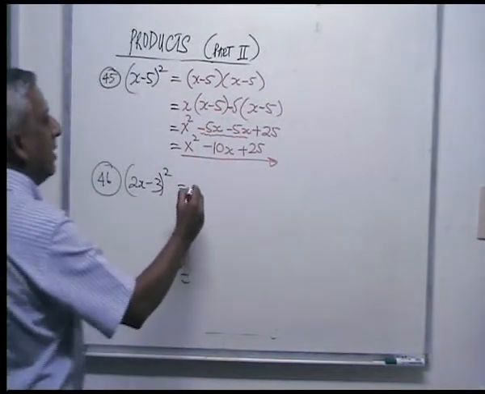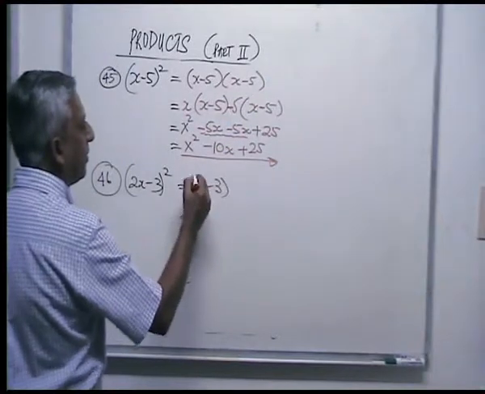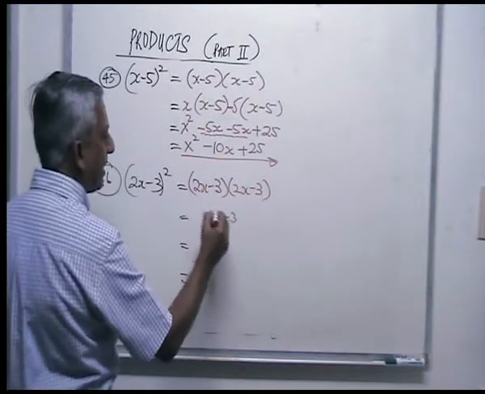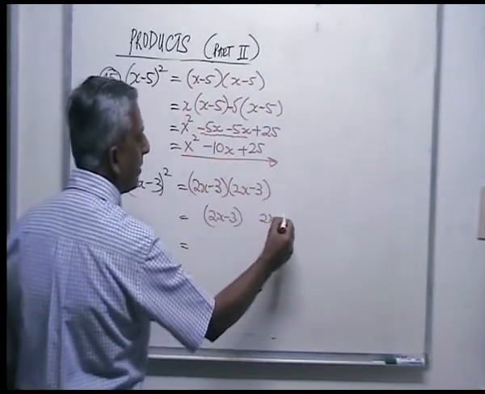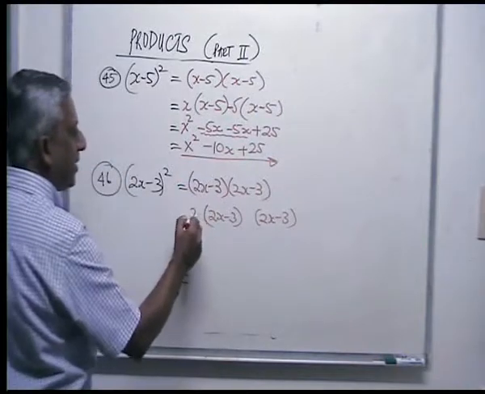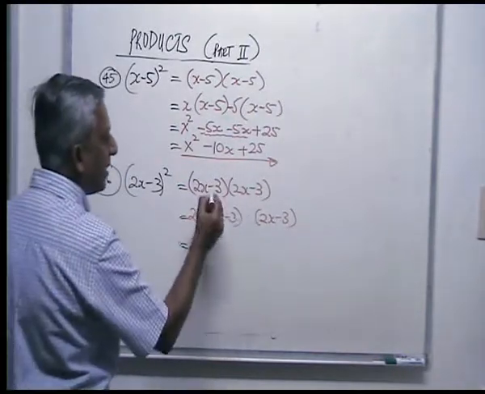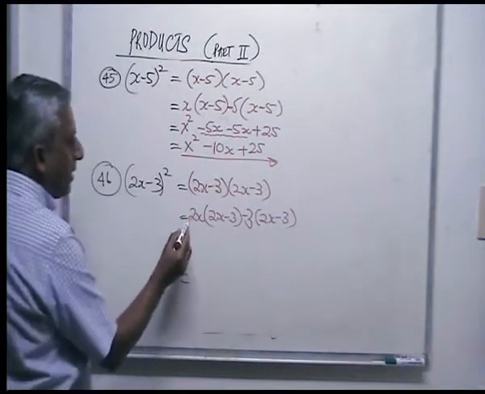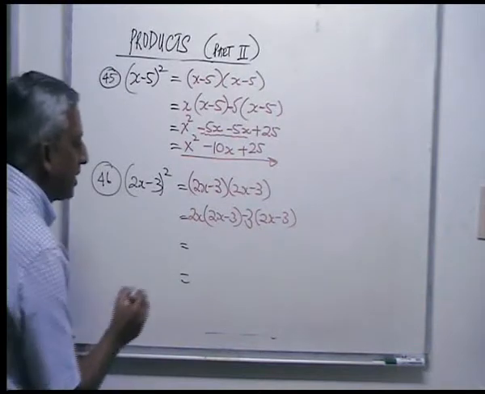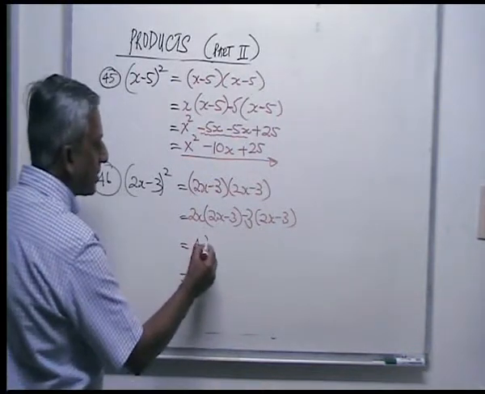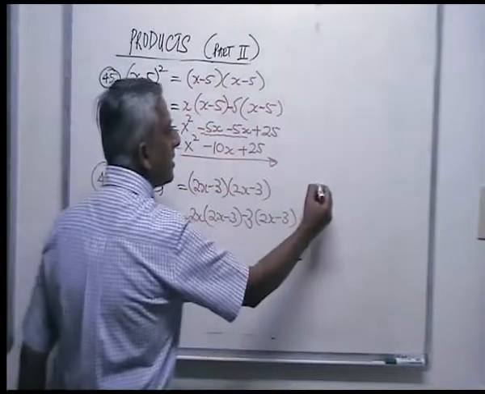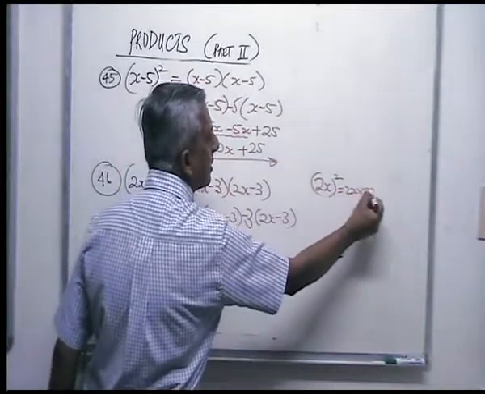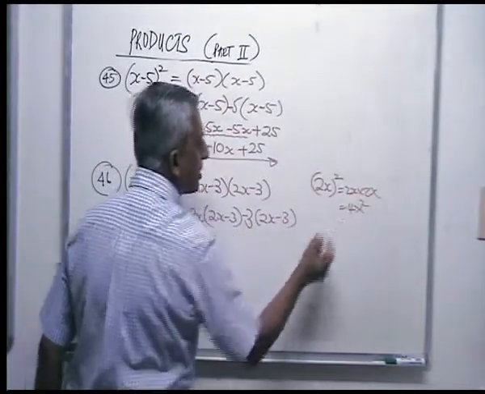On to number 46. A good boy and a good girl will always write down the 2 brackets and then repeat the second bracket 2 times. In the front here you have 2x, and in the middle here you have minus 3. Okay, now 2x times 2x gives you 4x squared. So what we're saying is, if you're squaring 2x, it is 2x times 2x, and that gives you 4x squared.